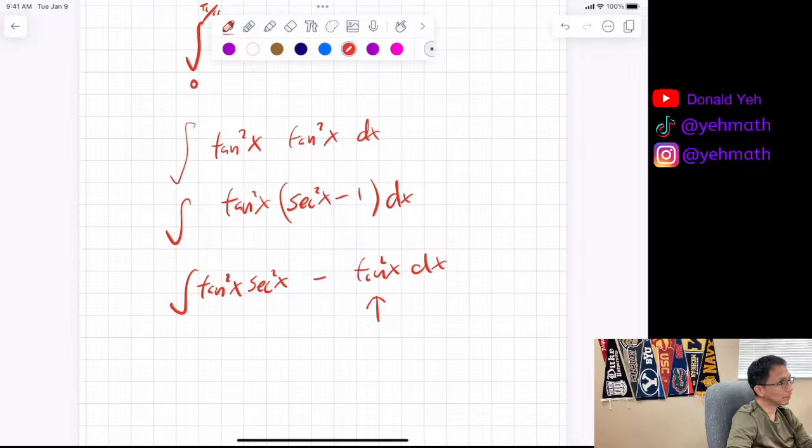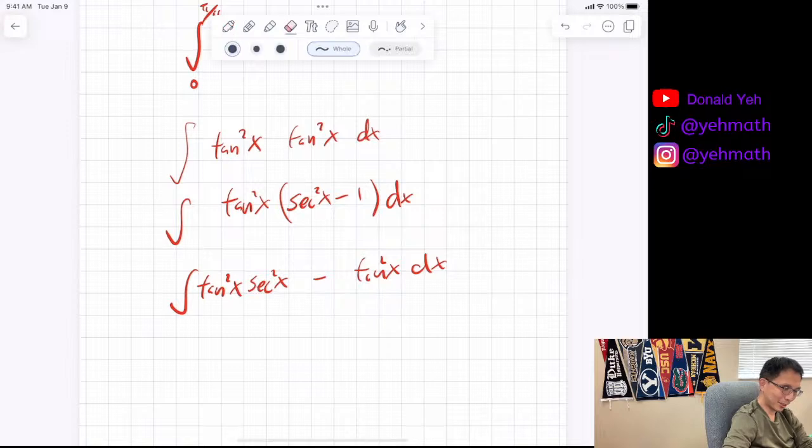1 over square root? No. Natural log? No. Come on, it's simpler than that. Just do this again. You do secant square x.